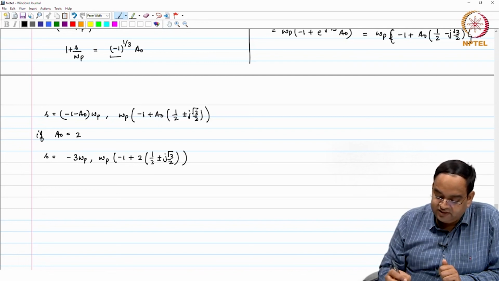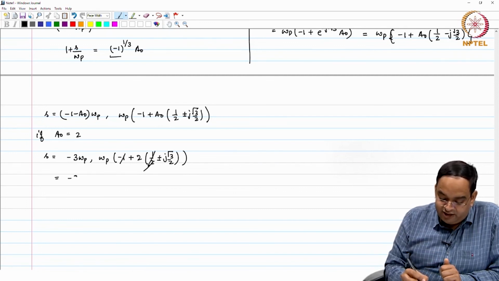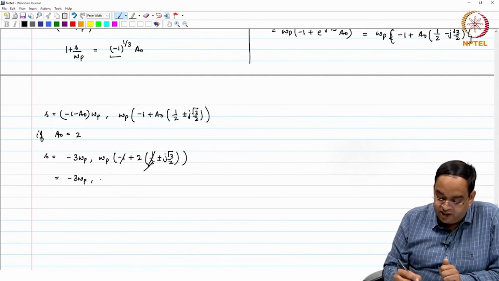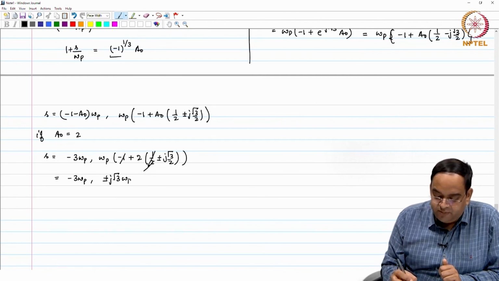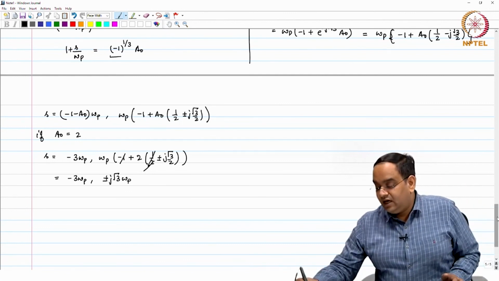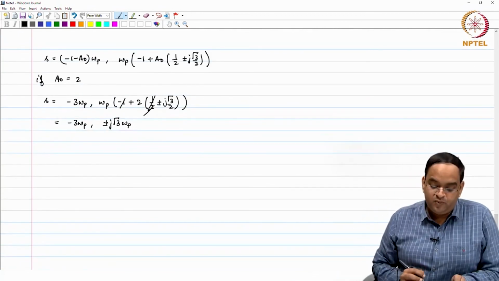So, minus 1 plus 2 into half, this part and this part cancel out. So, what you have is your roots are minus 3ωp and plus minus j√3 ωp. These are the other two poles.